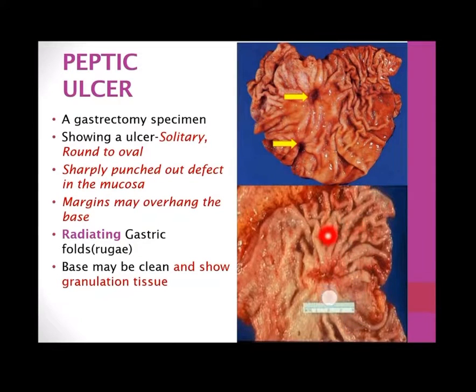So this is an important clue to diagnose a peptic ulcer, because in peptic ulcer the gastric rugae are radiating, they are seen converging to the margin of the ulcer. Now base may show some granulation tissue. So this is how we describe a specimen of a gastric ulcer or peptic ulcer.